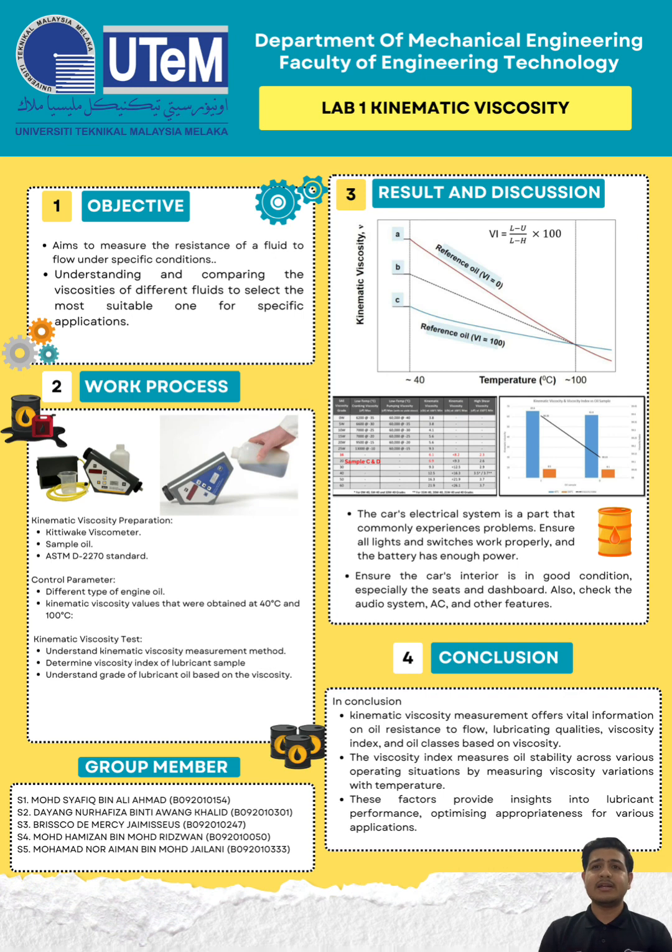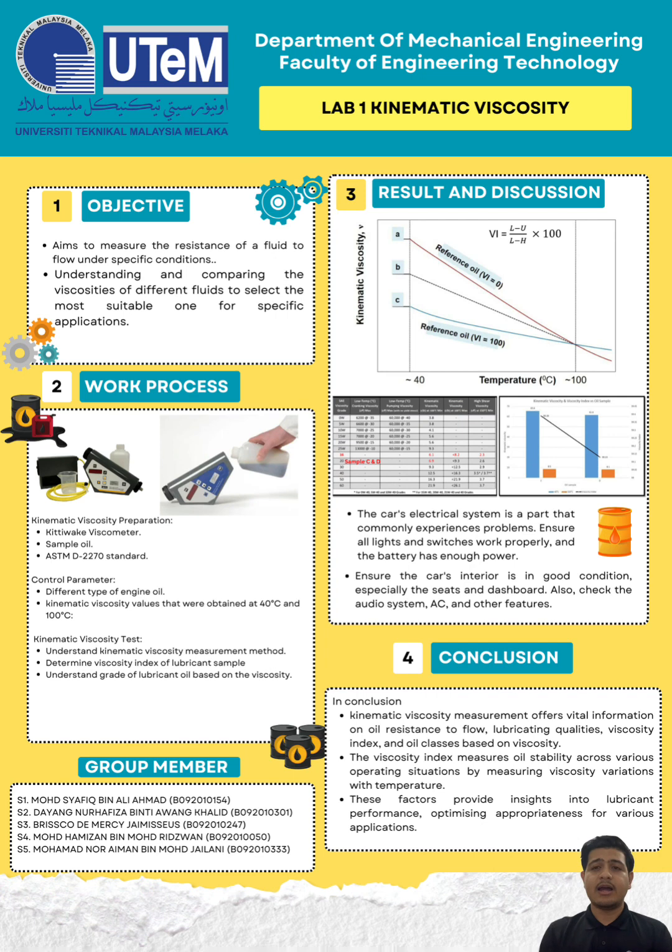Why SAE 20? The SAE 20 oil grade's viscosity range measured at 100 Celsius is from 5.6 cSt to 9.3 cSt, which is a much broader range than the SAE 30, 40, 50, and 60 grades.